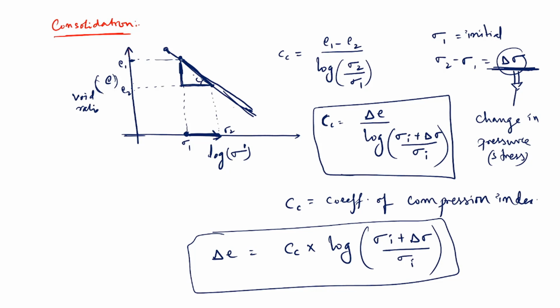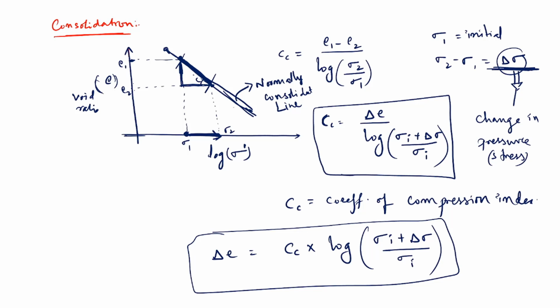Sigma 1 and sigma 2 lie on a continuous straight line, called the normally consolidated line, NCL, which is a single straight line.